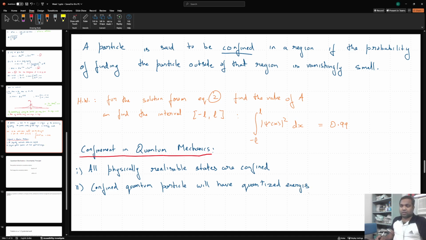So this will be commonly referred to further in the course as confinement implies quantization. So this is something that needs to be understood.